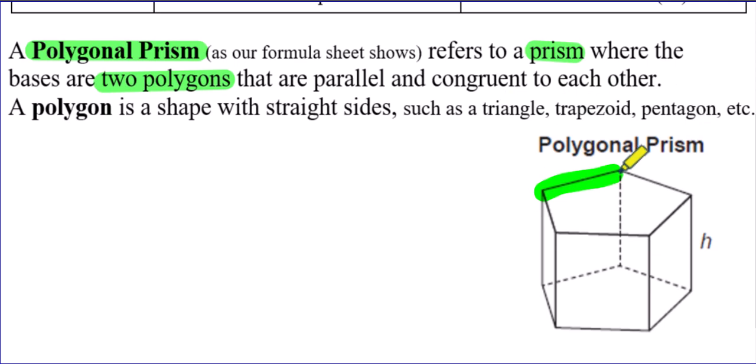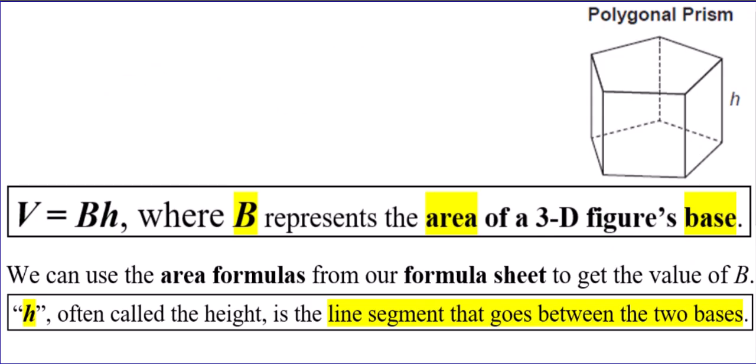With this one, we have the pentagon on the top and the pentagon that is exactly the same as it at the bottom. Notice they are parallel and congruent to each other. So that's an example of a pentagonal prism, but this is just a generic drawing for any polygonal prism. The bases will be 2 parallel congruent polygons, either triangles, trapezoids, pentagons, rectangles, whatever.